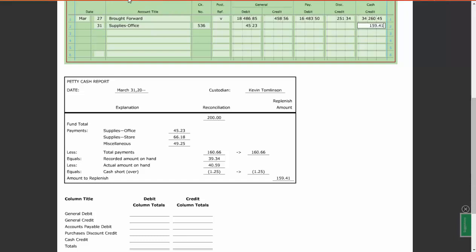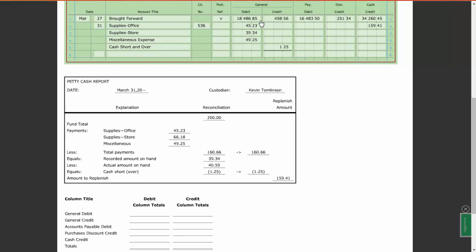Yep, that goes on line 2 for cash. So we have to do supplies, store. Miscellaneous expense, $49.25. Cash short and over as a credit of $1.25.